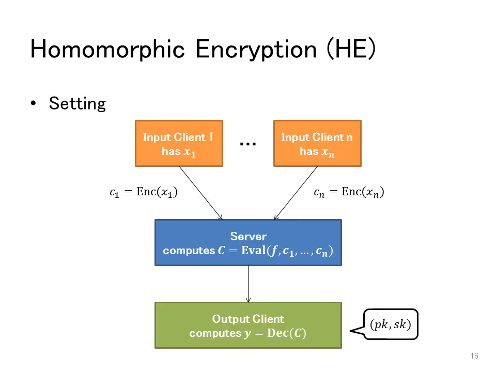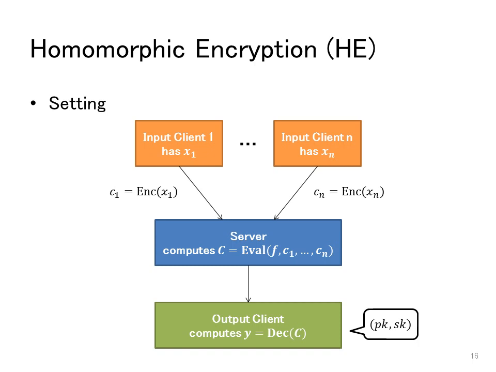The last definition is the definition of homomorphic encryption. The setting is quite similar to homomorphic secret sharing, but this time there is only one server. The output client first publishes its public key and keeps the secret key only to itself. Each input client encrypts its input and sends it to the server.